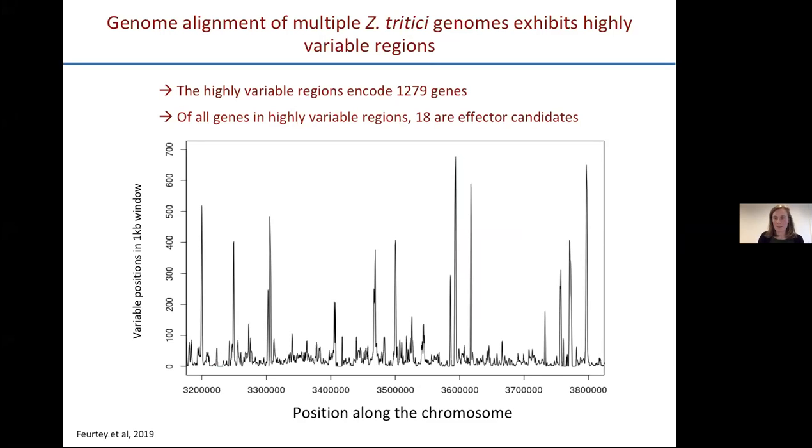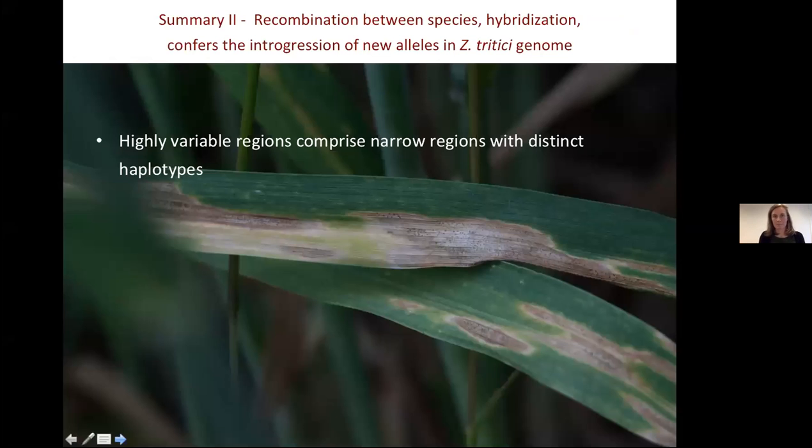So you can imagine a scenario where you have 2 different Septoria triticale isolates that have highly different compositions of effectors, which we hypothesize have a functional relevance.